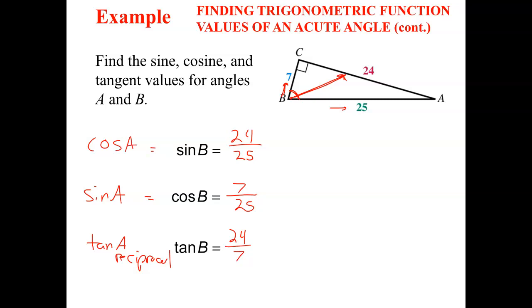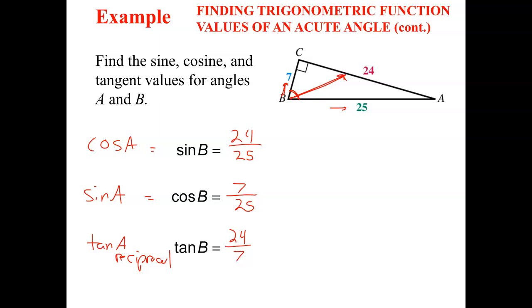Okay? That's because sine and cosine are what we call co-functions. When I move from one angle to the other within a triangle, within the acute angles, I'm going to end up getting the same ratio. So we see that cosine of A and sine of B are equivalent. Sine of A, cosine of B are equivalent. And then tangent of A and tangent of B, they're not equivalent because they're not co-functions.